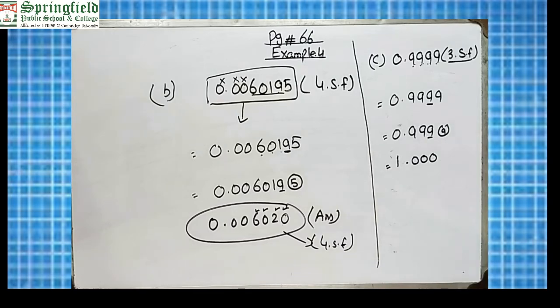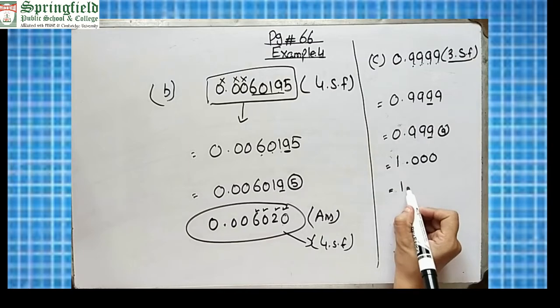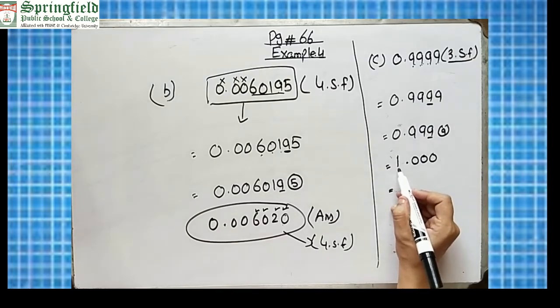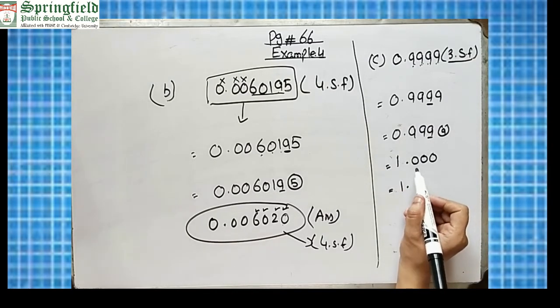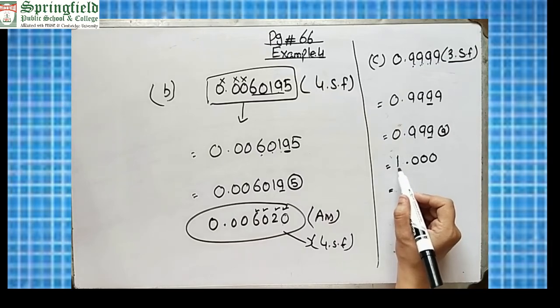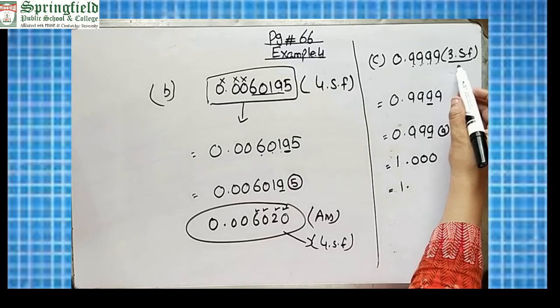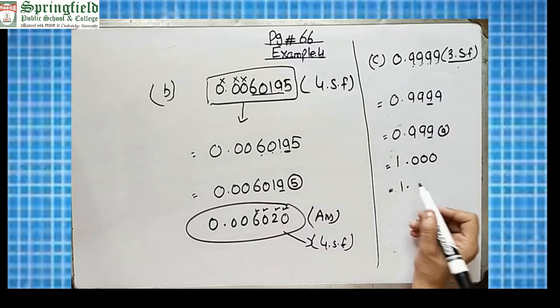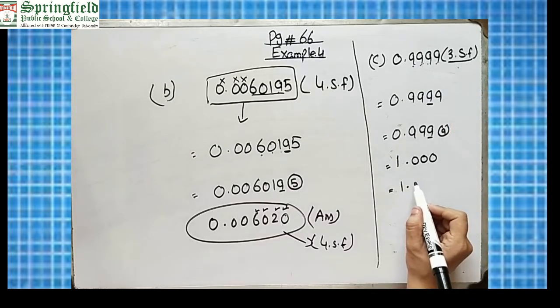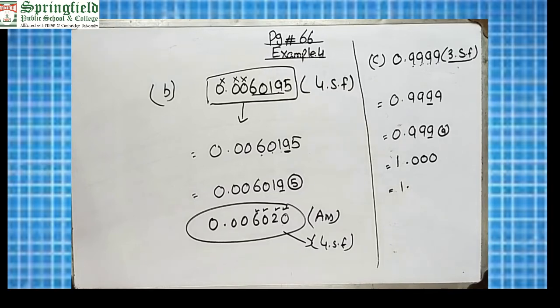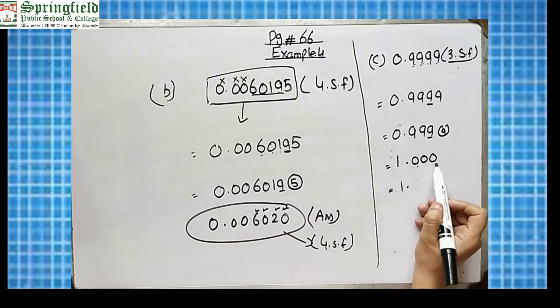Fine. And as we know, the zeros after the non-zero digits are significant. They are saying to round off to 3 significant figures. Okay beta, now 1.000. Fine.